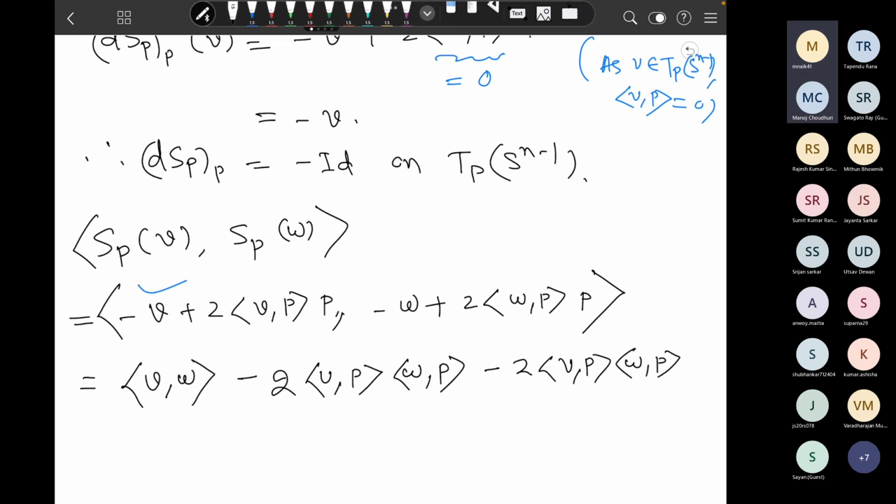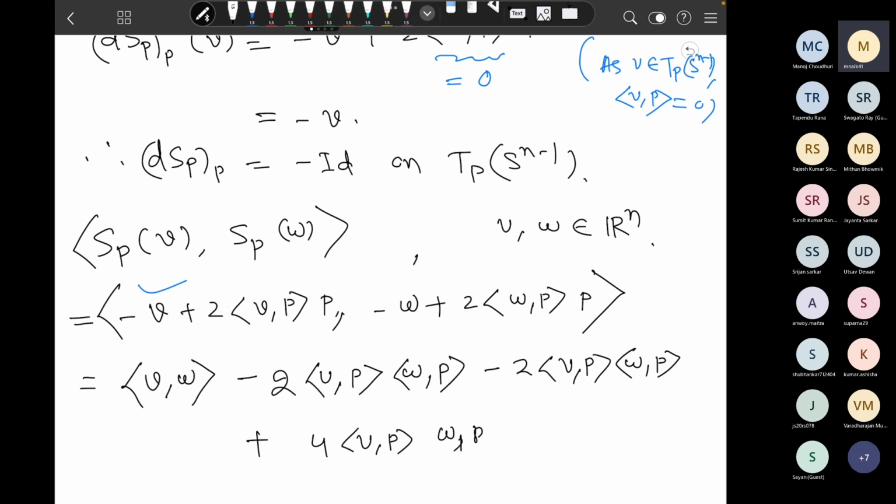So <v,w>, are you taking it in the tangent space or what? No, v, w belong to R^n. So you are showing that it's an isometry of R^n, that it preserves the R^n inner product. Yes, it is automatically in O(n), and this is <p,p> squared.